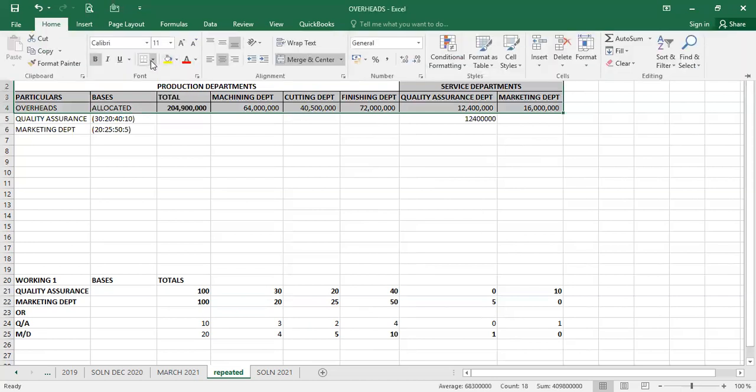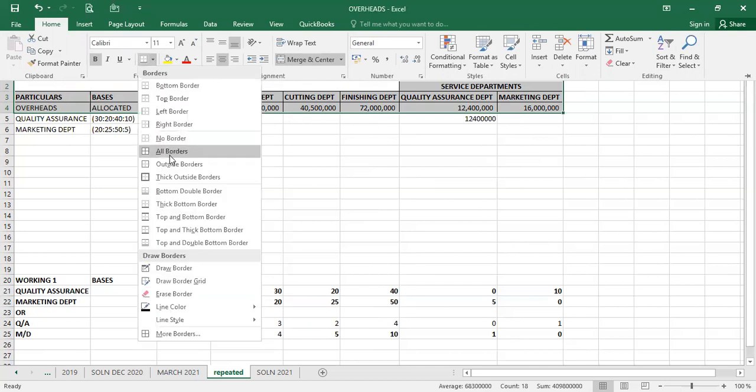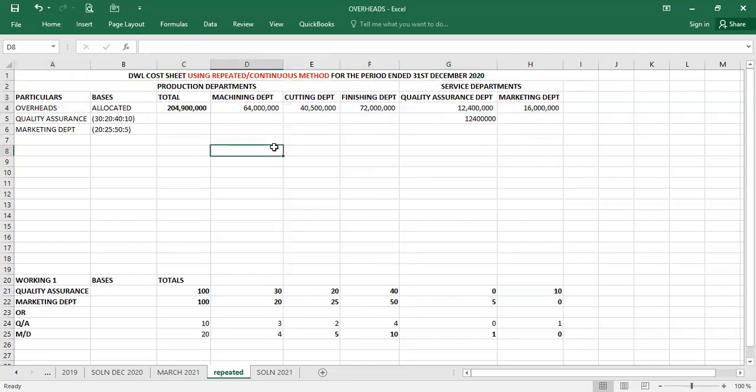Let me first remove these borders, so that we shall put them back when we are done. But this one, since we are distributing this, is supposed to be in brackets.